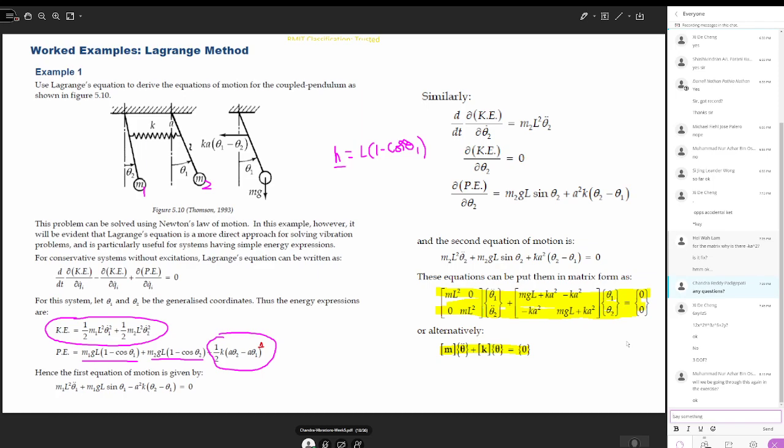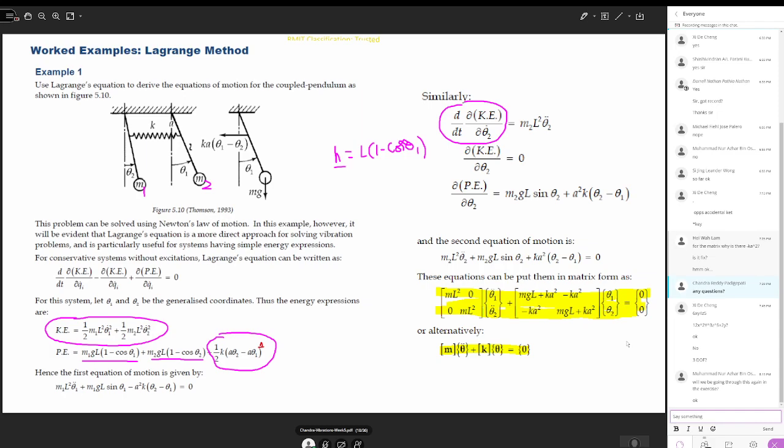Now we can apply Lagrange's equation. The first part of the Lagrange's equation is d by dt of the partial derivative of kinetic energy with respect to theta 2 dot. So we take the kinetic energy and take the partial derivative with respect to theta 2 dot.